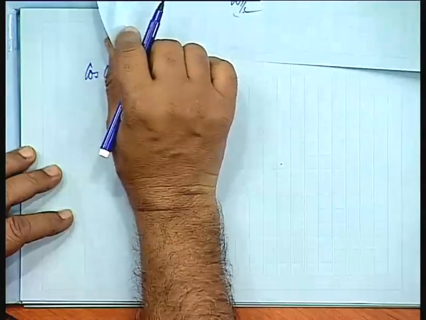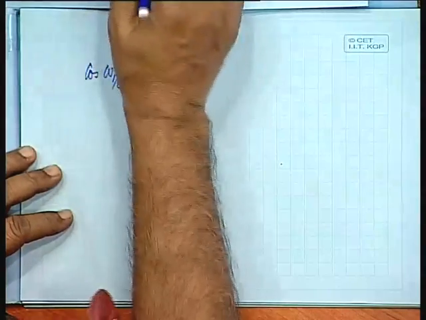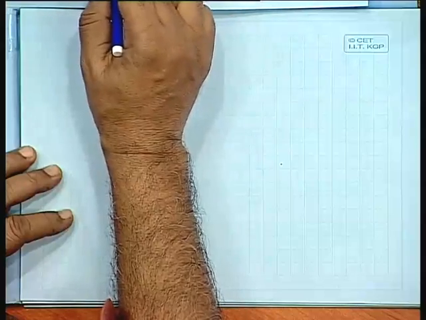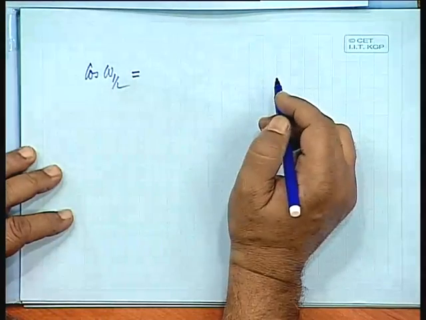Now, can you find out the numerator? It should be half the denominator, then only it is H square. Okay.